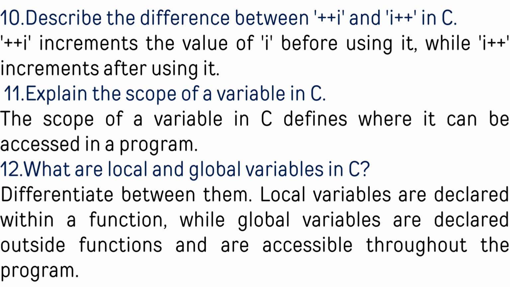11. Explain the scope of a variable in C. The scope of a variable in C defines where it can be accessed in a program. 12. What are local and global variables in C?